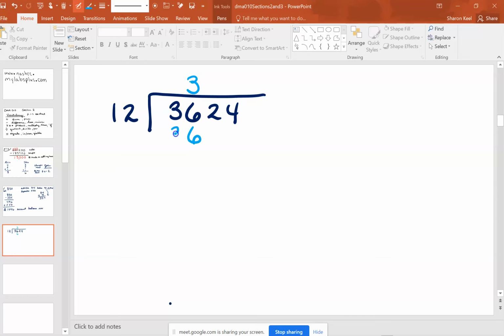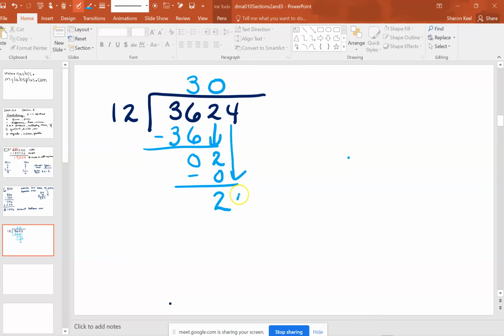3 times 1 is 3. When you do long division, now you subtract. 36 minus 36 is nothing. There's nothing left. We bring down the next value, which is a 2. Does 12 go into 2? No. 12 does not go into 2, so we put a 0 here. 0 times 12 is 0, so we still have just a 2.